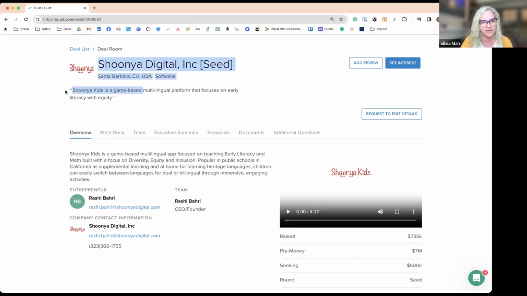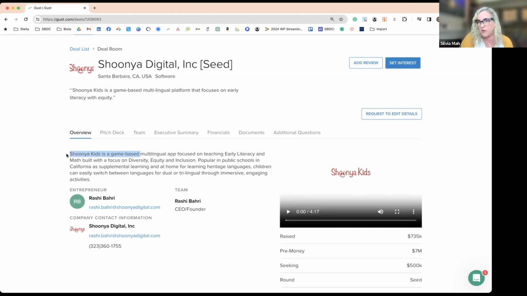Shunya Kids is a game based, and Shunya Kids is a game based, I would have changed that. I would have tried to do a visionary slogan at the top, and then really have the description say something not completely different, but something different than the top one.